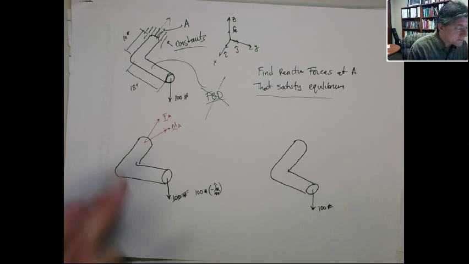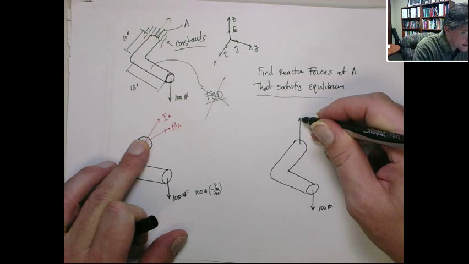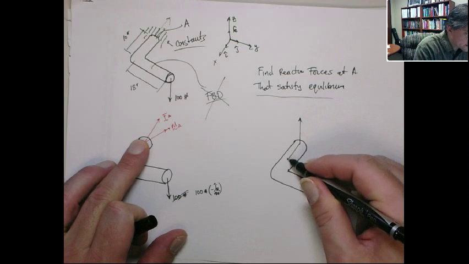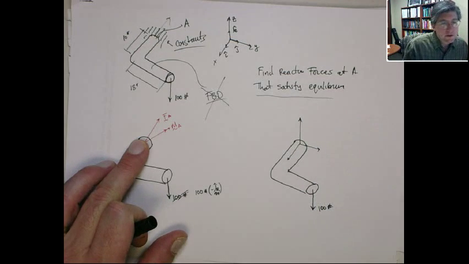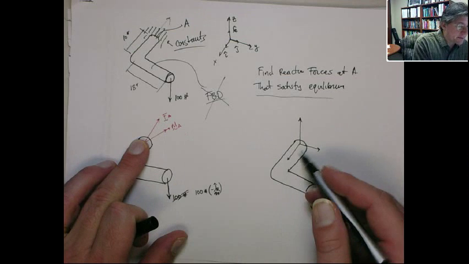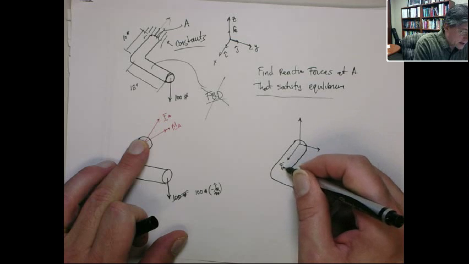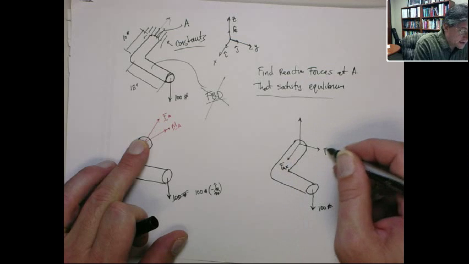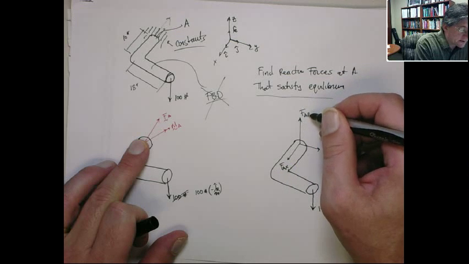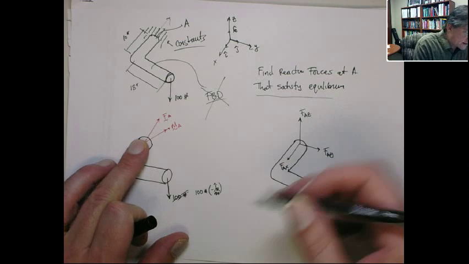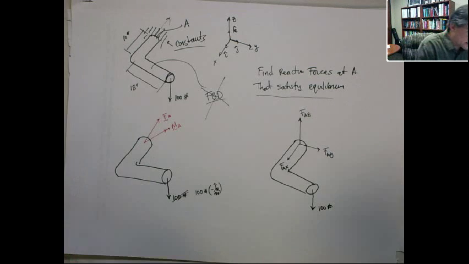Now, the force has an x, y, and z component to it. All right? So I'll consider FA and break it up into its x, y, and z components. So I have FA x direction, FA y direction, FA z direction. Likewise, the moments will also have x, y, and z components.